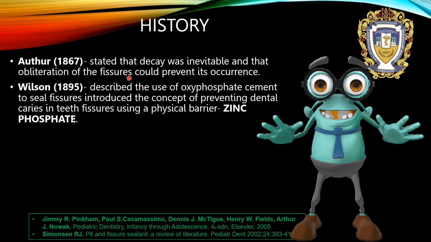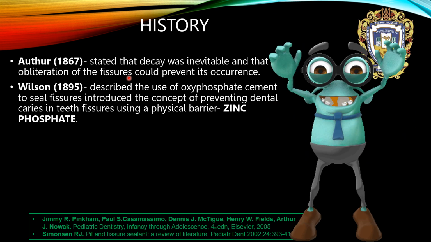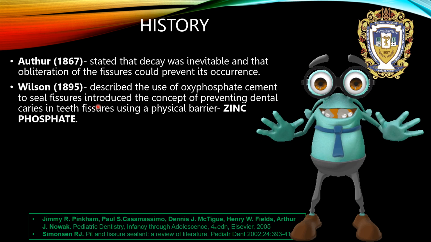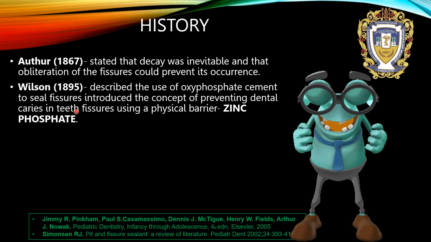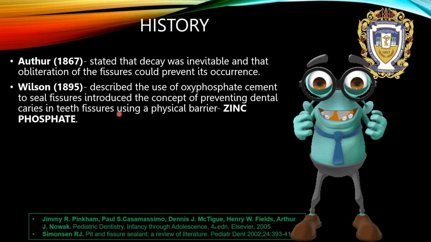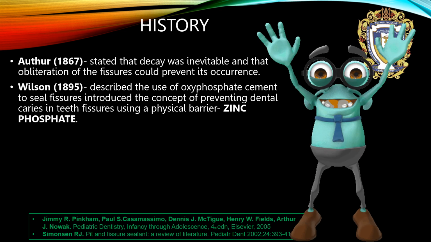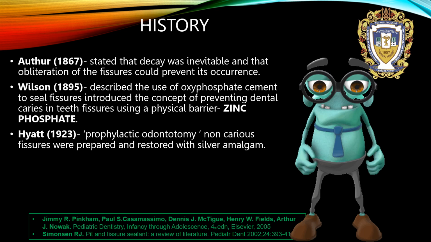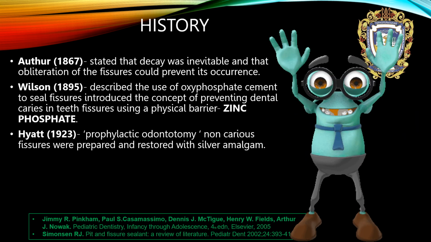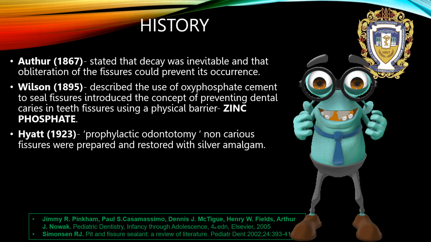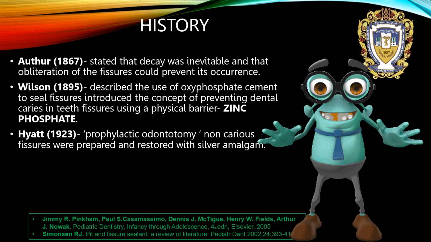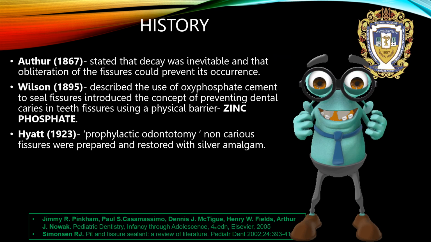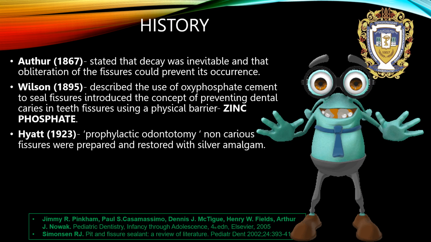In 1895, Wilson described the use of oxyphosphate cement to seal fissures, introducing the concept of preventing dental caries in these fissures using a physical barrier, zinc phosphate. In 1923, Hyatt proposed prophylactic odontotomy. It is a procedure when non-carious fissures were prepared and restored with silver amalgam.